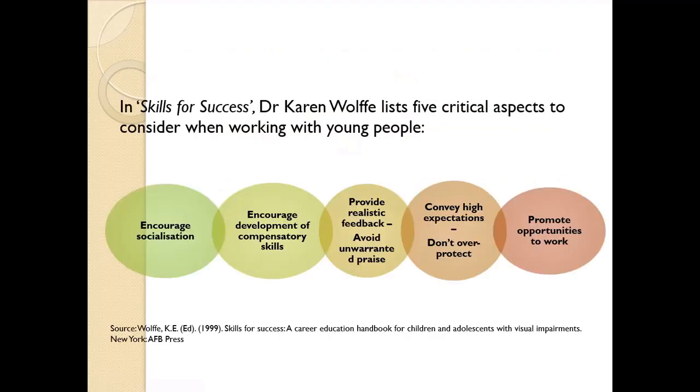According to Karen, he has given 5 important principles when dealing with young low vision patients. Encourage socialization. Encourage development of compensatory skills. We always say when a person is blind, they have some other sharp skill. Many people will sing. Many people are good at artistic things.